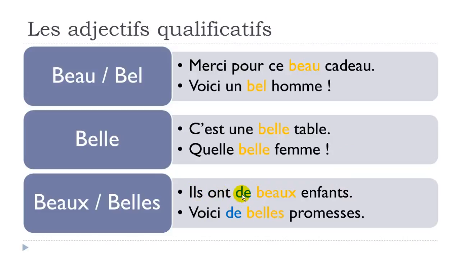Ils ont de beaux enfants. And if you want to be purist, you should make the little liaison, the little link between the two. Ils ont de beaux enfants. Voici de belles promesses.